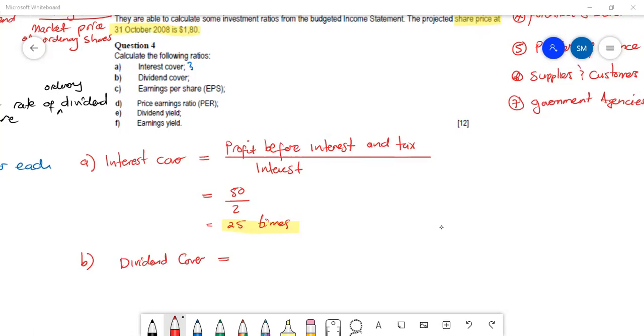Profit available to ordinary shareholders divided by dividend paid. So give us the profit available to ordinary shareholders. What is it?